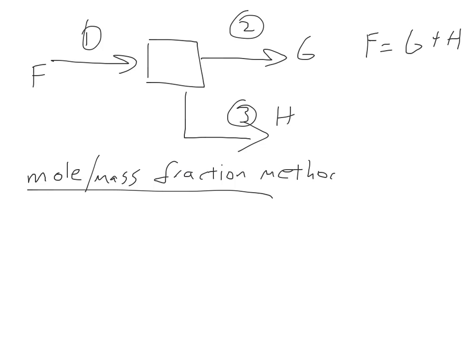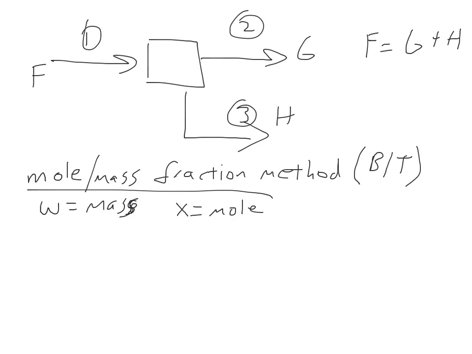So each of these streams here, we can also define and write out variables for the mass or mole fractions. So again, let's look at the example where we have benzene and toluene within a two-component mixture. And we oftentimes will use W for mass fraction, and we use X for mole fraction.